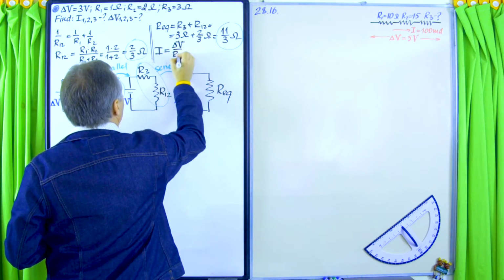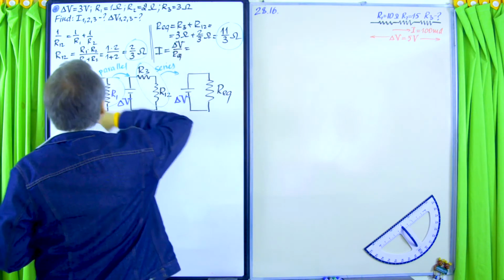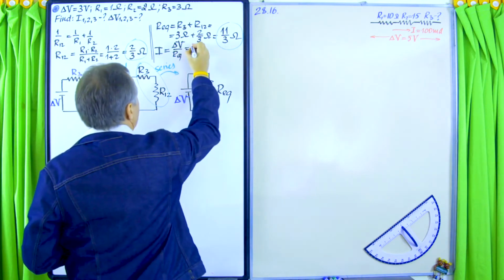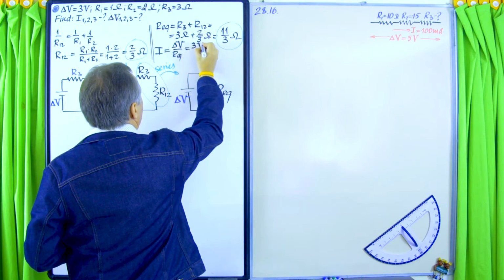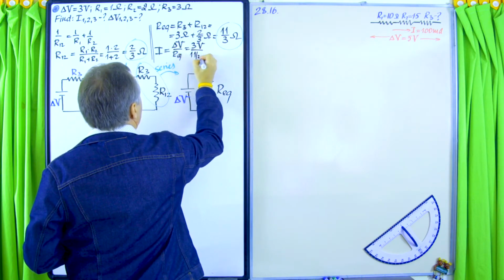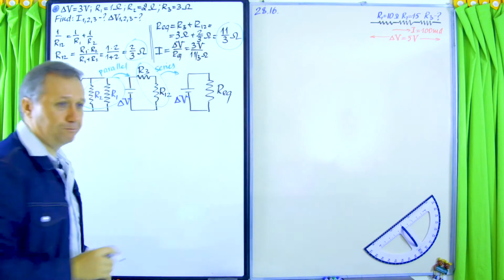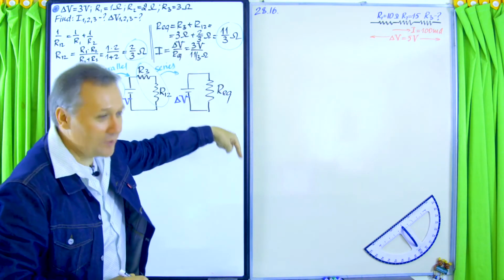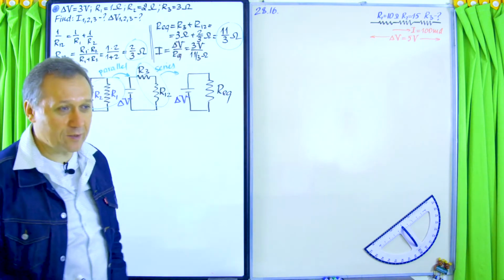divided by R equivalent. Delta V is given as 3 volts, divided by the value of R equivalent, so 11 over 3 ohms. So that 3 in the denominator goes, of course, upstairs in the numerator.